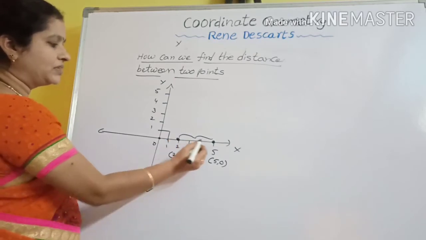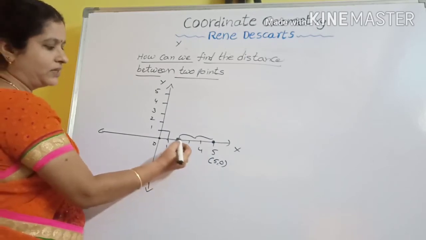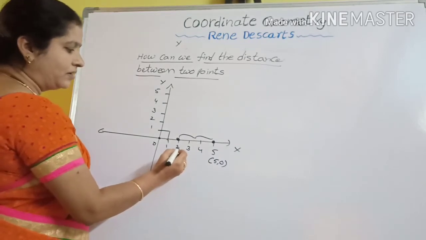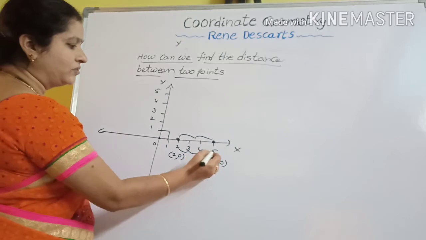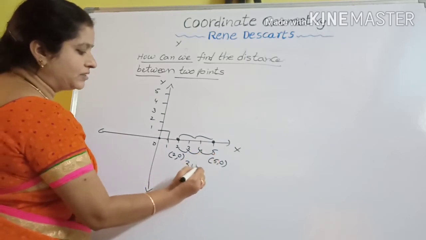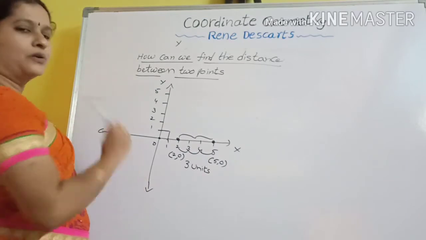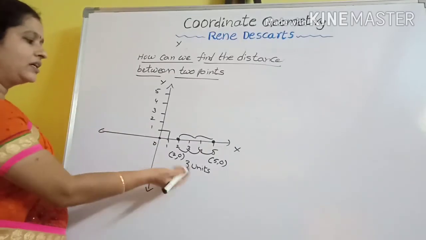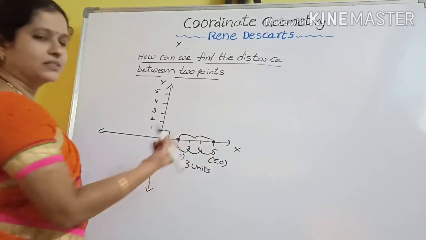So how much distance from (2, 0) to (5, 0)? 1 unit, 2 units, 3 units. So 3 units distance. Suppose the given 2 points are on the axis, we can easily find the distance. Just count the units.